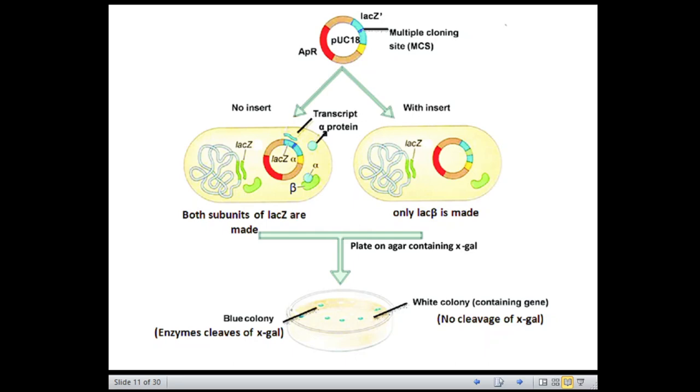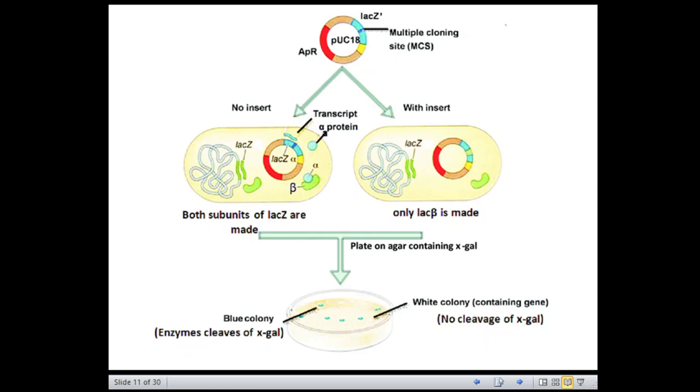So what is the outcome? Thus a recombinant PUC plasmid may be easily detected since it is white or colorless even in the presence of XGAL. Whereas an intact non-recombinant PUC plasmid will be blue as its gene is fully functional and not disrupted.